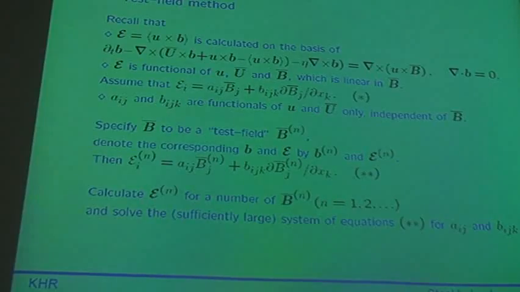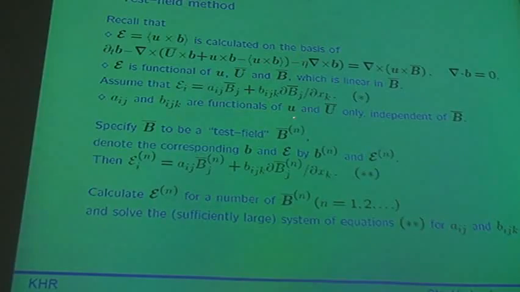I have written down the basic idea here. You know that to calculate u cross b, you have to solve the equation for small b here. And you remember also, hopefully, that I said E is a functional of these quantities, U bar and B bar.